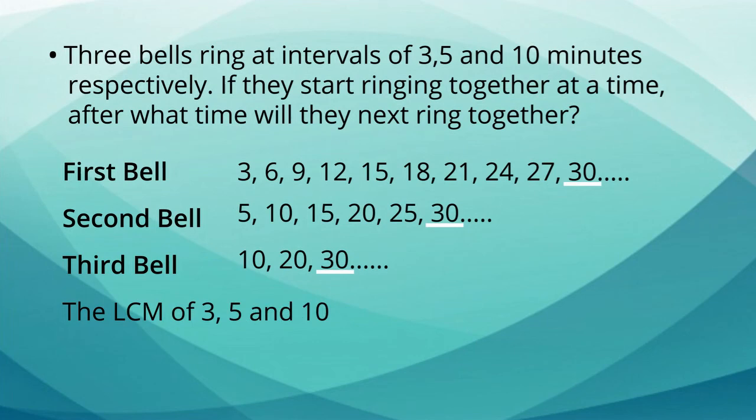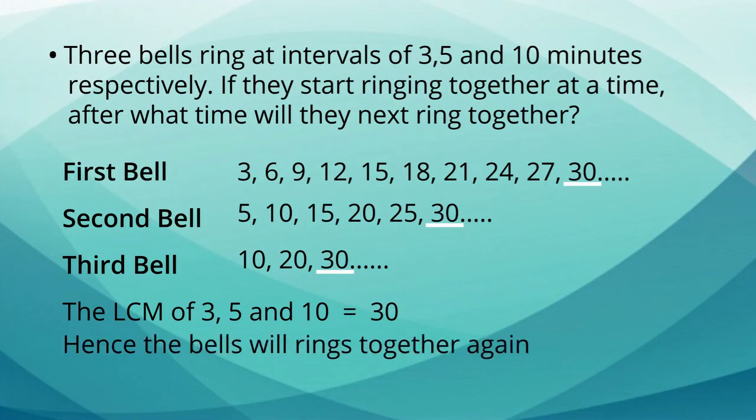Now the LCM of 3, 5, and 10 is 30. Hence, the bells will ring together again at 30 minutes. I hope the concept of LCM is clear. Let us do another problem on LCM.